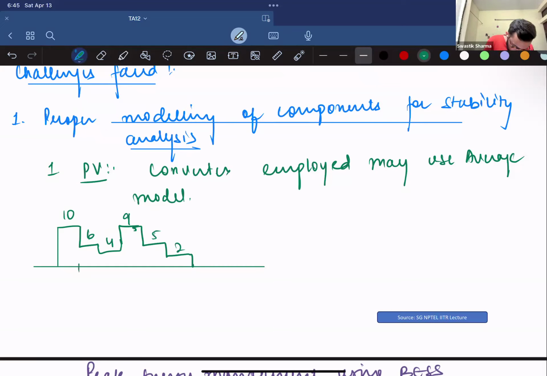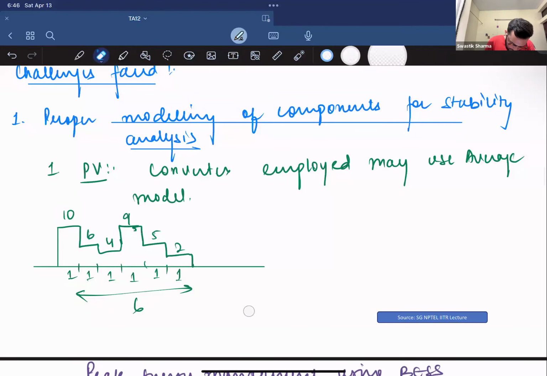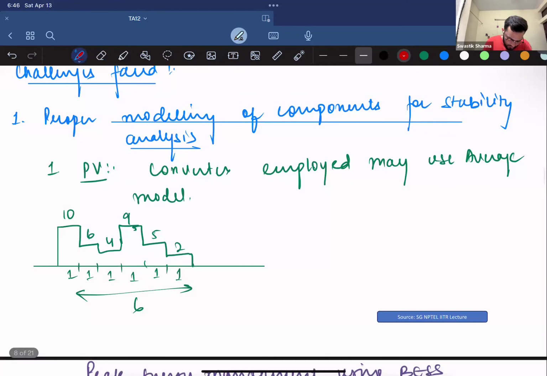You had these units, and these are equally spaced, that is, 1 second apart. Now if you average it out over 6 periods, the averages would come out to be 16, 20, 29, and 36. So the average is 6 for a whole period.